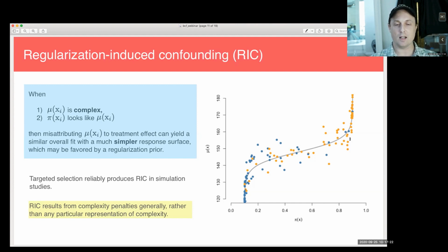You can see that near monotonicity of pi in mu means near monotonicity of mu in pi. And what that means is that if you're trying to learn a complicated function of x, mu, and it depends on pi in this particular way, if you knew pi, or an approximation of it, that would be a really good dimension to know about when you're trying to learn this relationship.